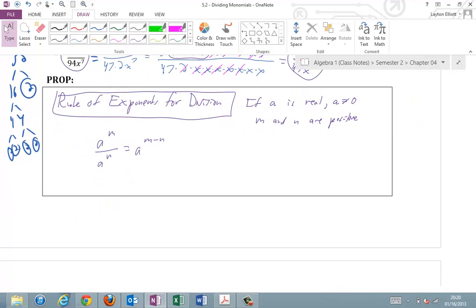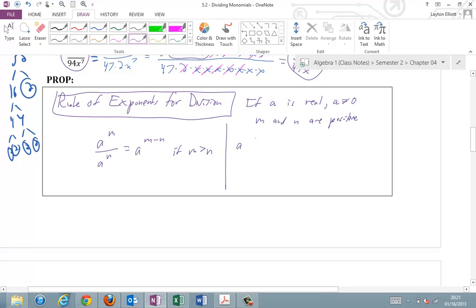This rule is what I affectionately refer to as rule number 2, and I'll show you the 3 rules down here at the bottom. But this rule I just wrote here is true if m is greater than n. If m is the bigger number. Actually, it's true all the time. We just write it like that if it's true.